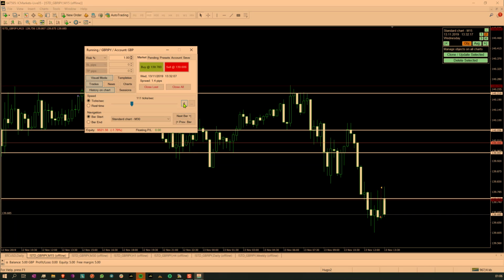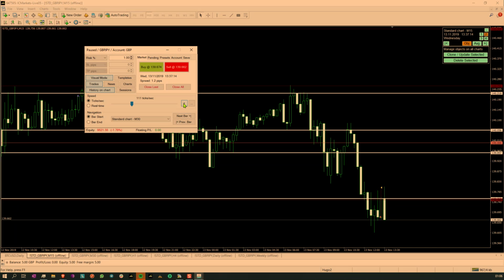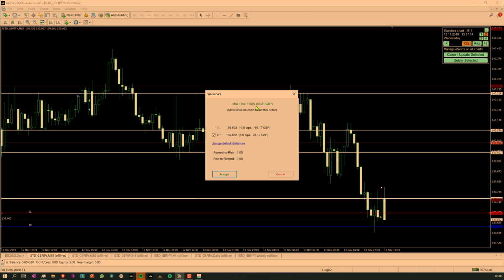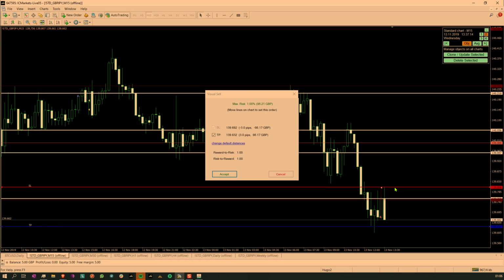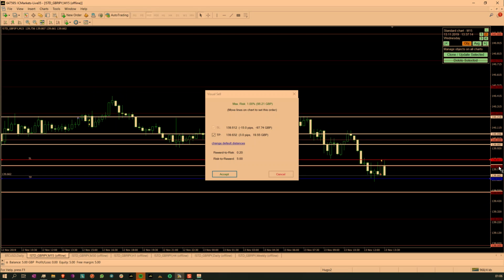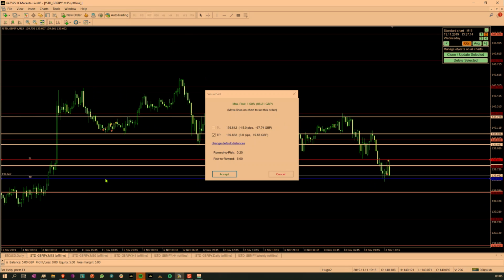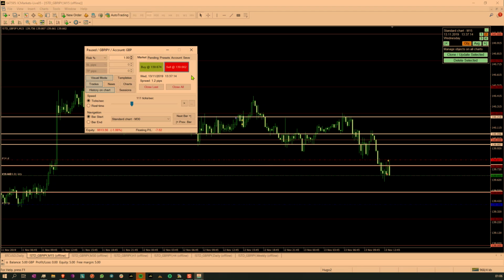I might give it a second chance if you break down again. Yeah. So selling again. Stop above this peak at 15 pips. Target below here. Alright.